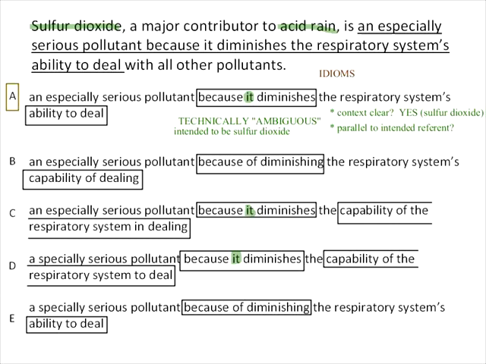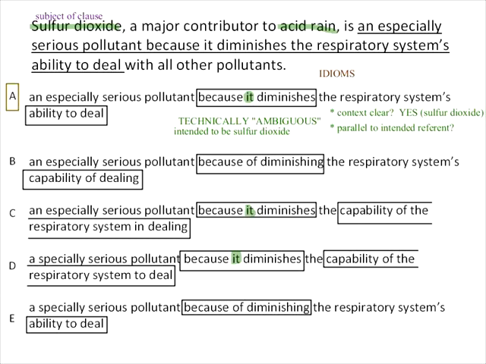Well, let's check. What role does sulfur dioxide play in this clause? Just go ahead and type in the text box. What is the grammatical role played by sulfur dioxide here? It is the what of that clause. It is the subject. So this is the subject of the clause.